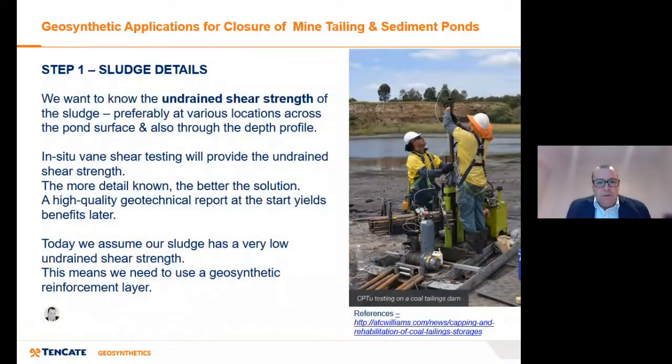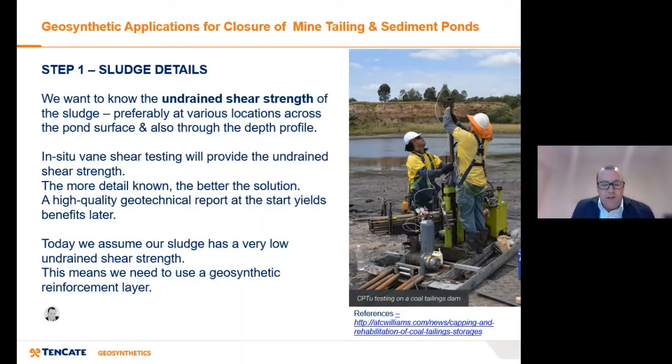So you'd want to know the undrained shear strength of the sludge. There's a couple of ways of doing it, but the in situ vane shear test is the best way. There's also other ways, like on the right hand side there, you can see them taking some test results across what looks like a pretty weak surface.